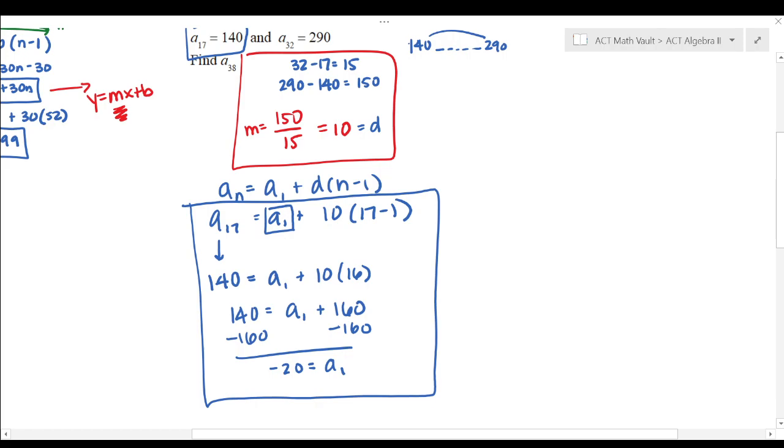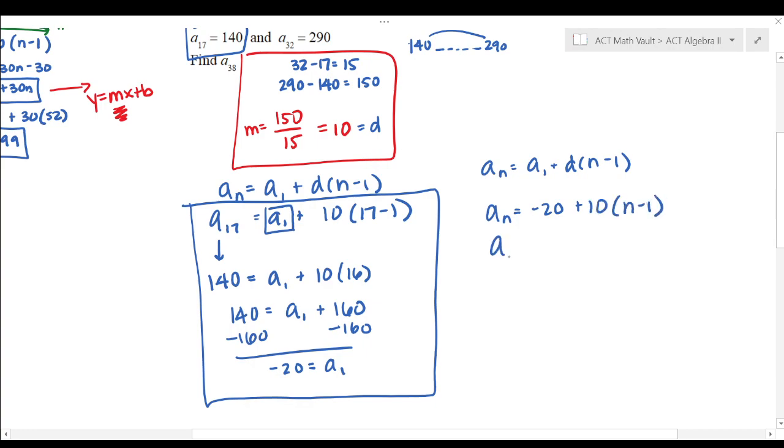Let's back it up. First step is finding the slope, the jump from one number to the next. Second step is to find the a sub 1. And if we can figure those out, we just go back to our formula. I'll write it again, and plug them in. So we have a sub n equals negative 20 plus our d, which is 10, times n minus 1.